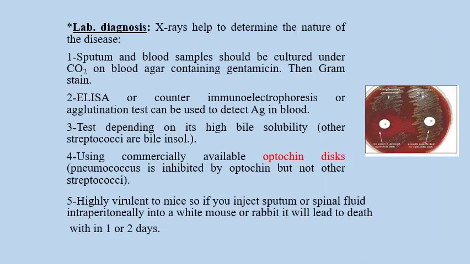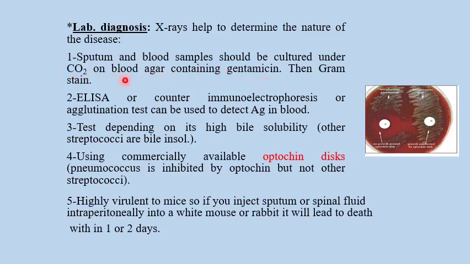Laboratory diagnosis. The X-ray helps to determine the nature of the disease, of course, but a laboratory diagnosis begins with taking a sample from sputum or from the blood, depending on the case. Then it is cultured under carbon dioxide to give an anaerobic condition on blood agar containing gentamicin.